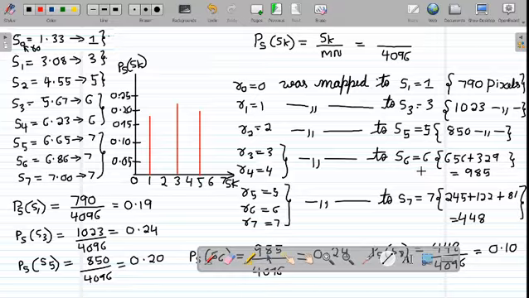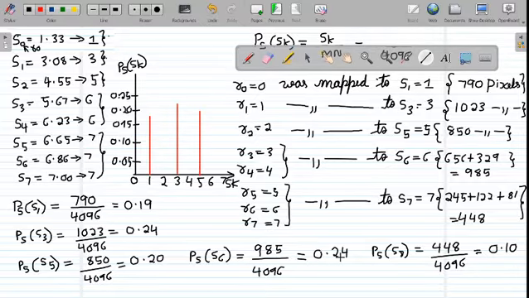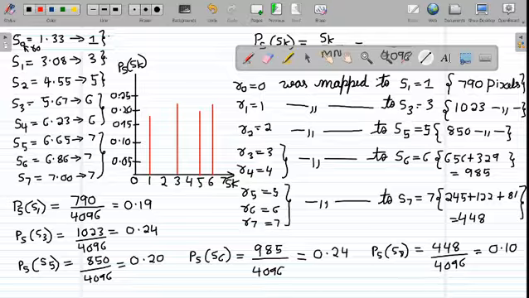Next S6, its probability is 0.24. Next S7, its probability is 0.10.